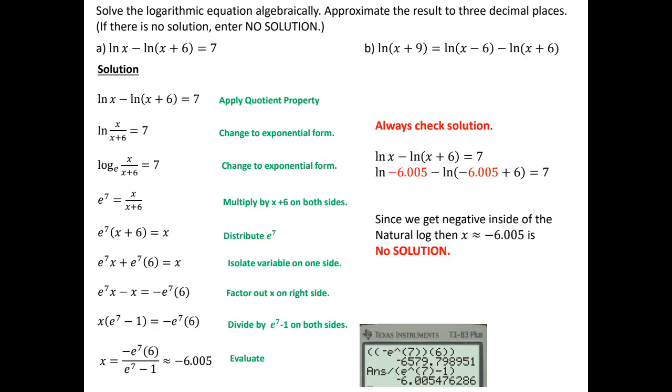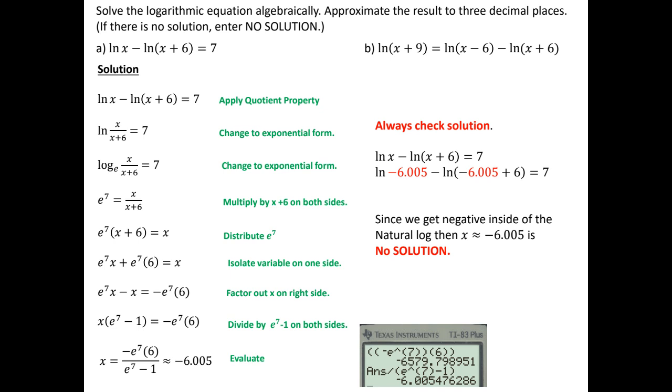But you saw that my answer was negative. We cannot put negative answers in the logs. So on this particular problem, since I have a single value for x and the answer is negative here, my answer would be no solution because I cannot have negative numbers inside logs. My calculator would give me an error on that particular one.